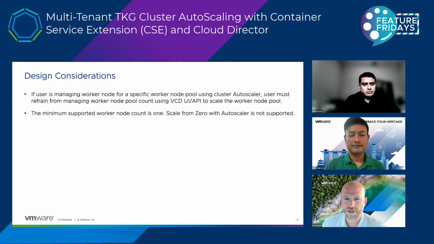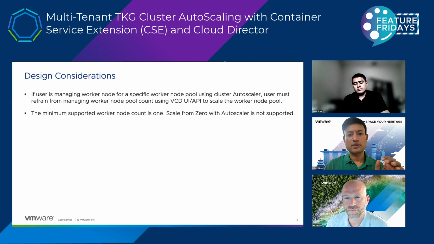And Rohan, I assume there are specific VCD allocation models that must be used for this pool to enable it to scale out into spare resources. Is there any policy to restrict what can be done? No, there is no such policy. The way it works, Guy, is when you create the cluster, you say you want to create a worker node pool of TKG size small or TKG size medium.